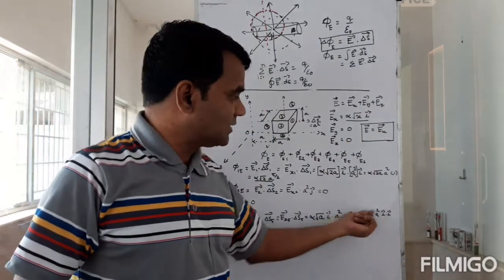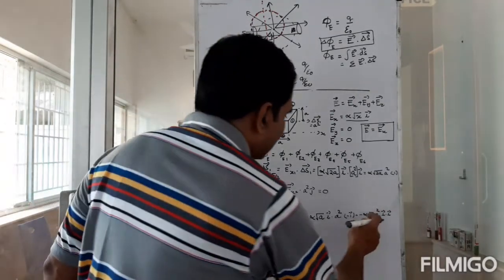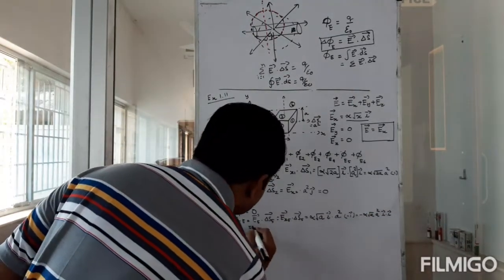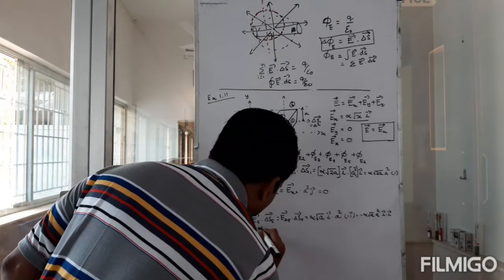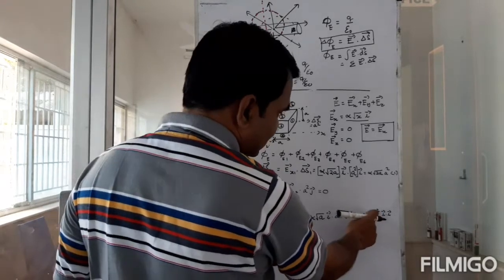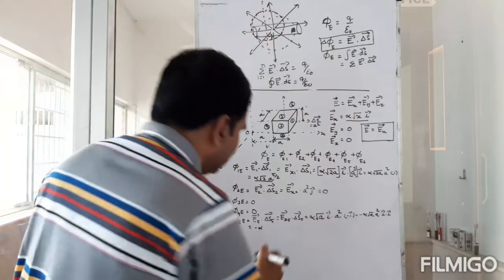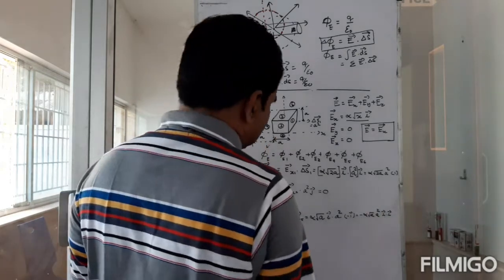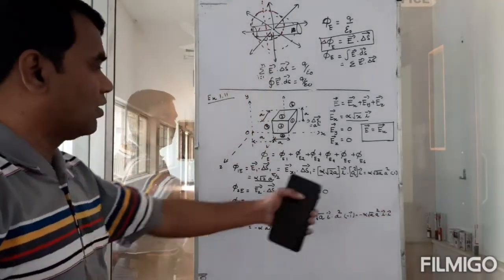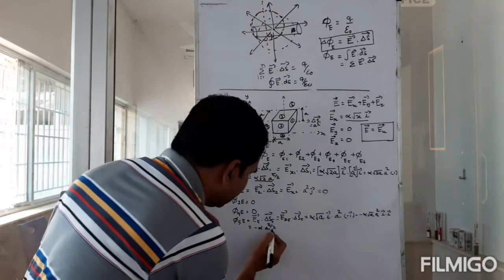So we get a negative value there. This is equal to simply minus alpha, A squared and A to the power half, so A to the power 2.5, which is A to the power 5 by 2, into 1, so minus alpha A to the power 5 by 2. So now this is the value here.